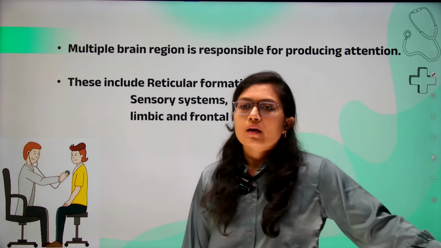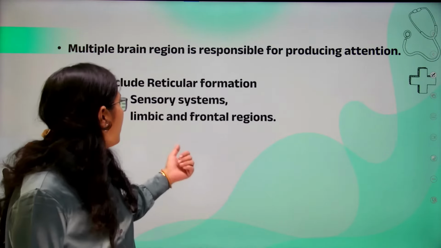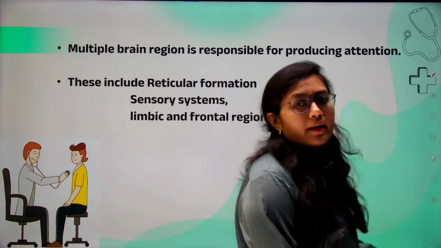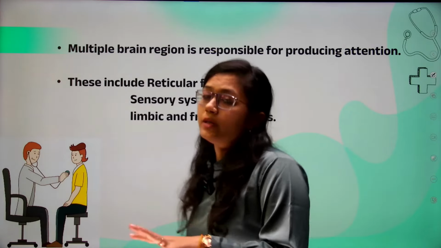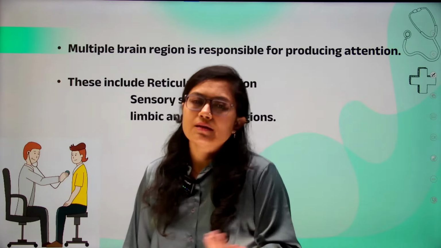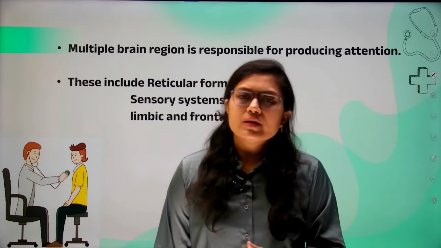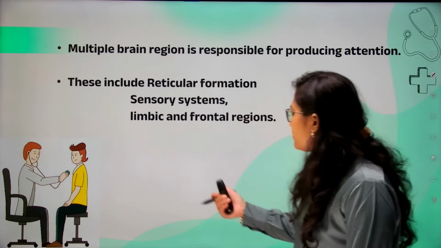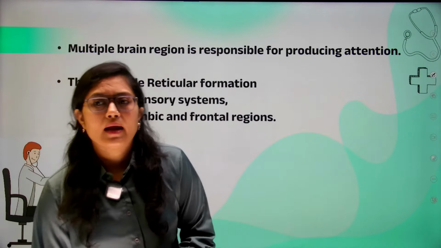Okay. So multiple brain regions are important for attention. Specifically, this includes the reticular formation, which is more important for the arousal of the patient. Whenever we see a patient, whether properly aroused or not, we need to check it. Whether it is the reticular formation, sensory systems, or limbic and frontal regions.